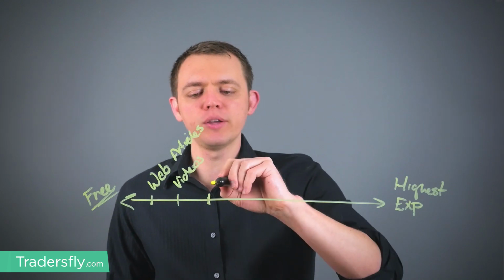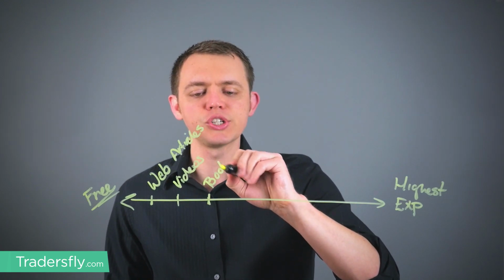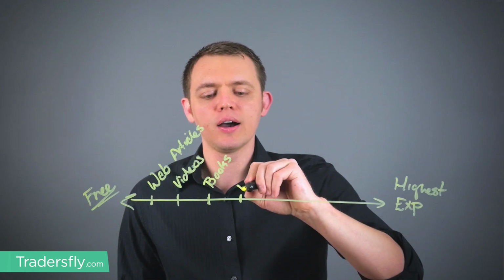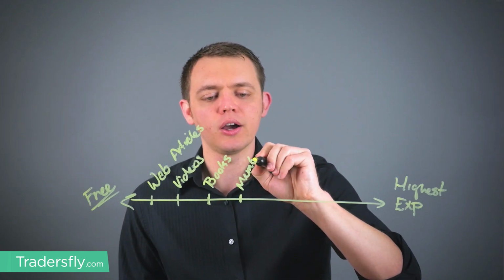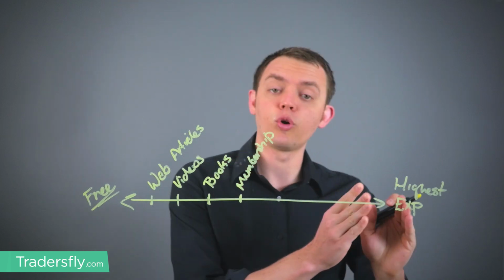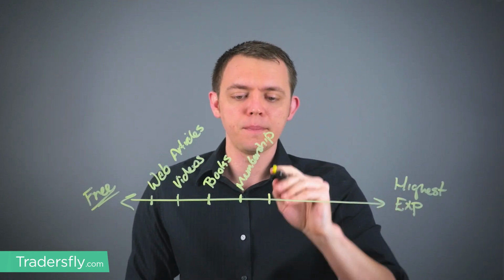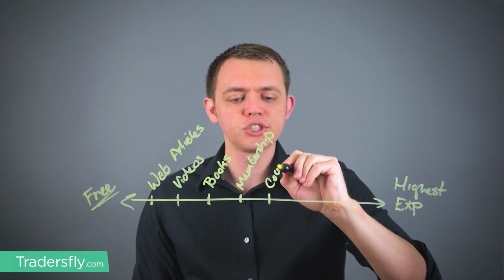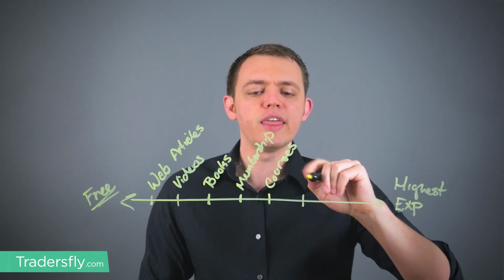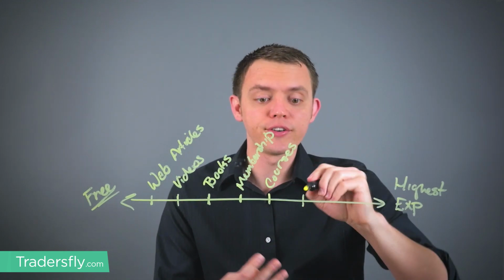Somewhere in between here the books, which start to get a little bit more expensive. You might have membership, depending on the membership. Sometimes it's here, sometimes it's even further or more expensive. In here, you might have some courses, so course offerings. Then you might get into another type of membership.